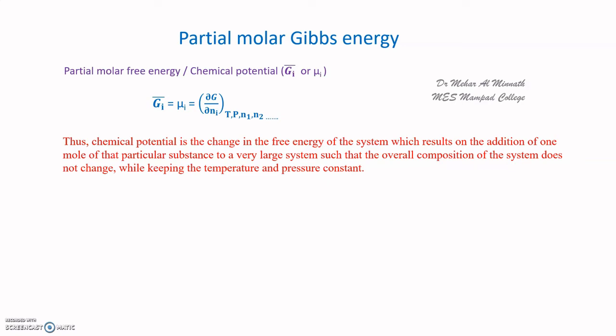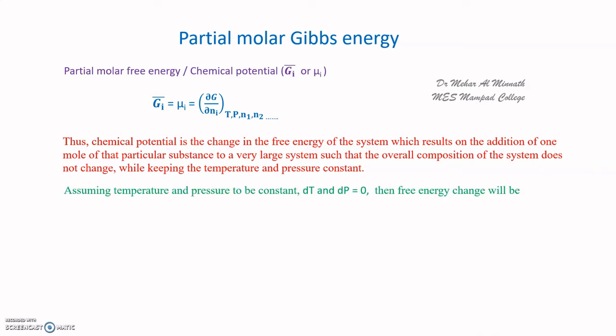But overall, there will not be any change in the overall composition of the system, because the system is quite large. So this infinitesimal change of the composition of one particular component is not going to affect the overall composition of the system, and you're keeping the temperature and pressure constant. Alright.